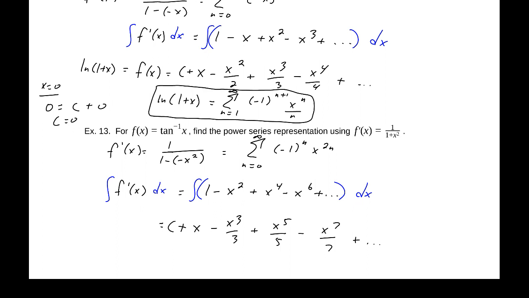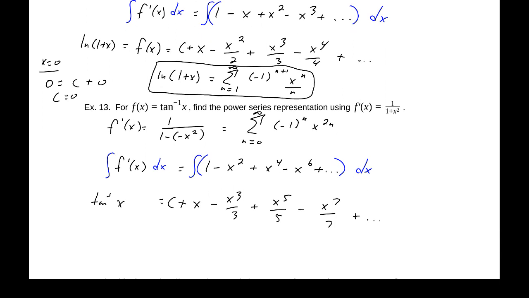Now the integral of that's f of x, which we're saying is tangent inverse of x. Now tangent inverse of 0 is 0, which means our value of c is 0. So that tangent inverse x is just x minus x cubed over 3 plus x to the 5th over 5.